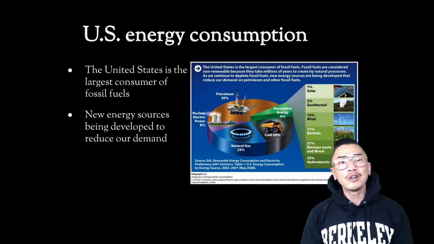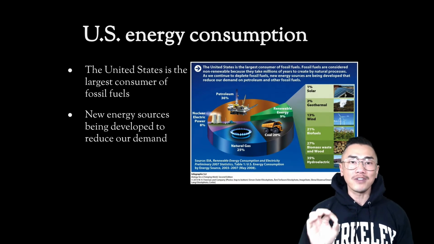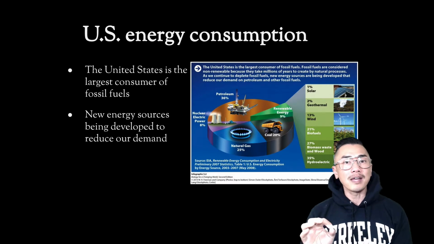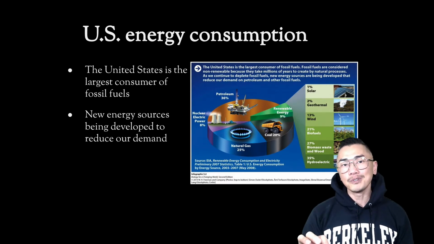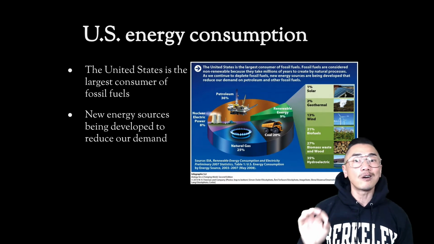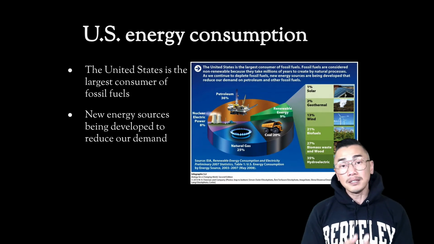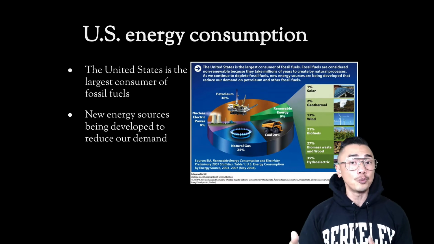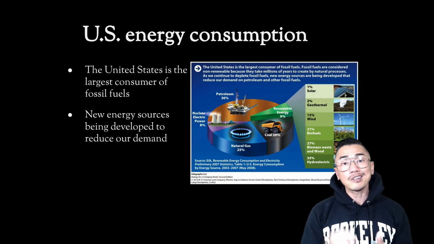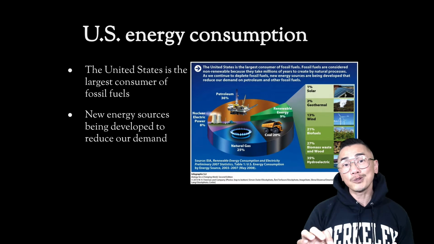As a result, we're trying to find new sources of energy to reduce our demand on fossil fuels, especially imported fossil fuels, and also to lessen our environmental impact. The infographic on the slide shows how only about 9% of the energy that we use in the United States comes from renewable energy. The rest comes from fossil fuels and nuclear energy.